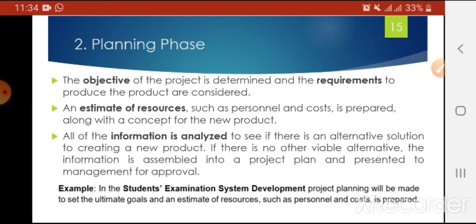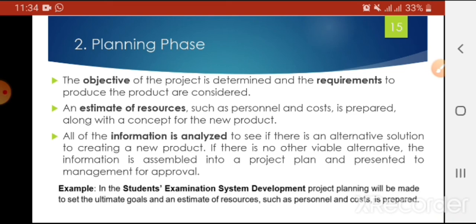It means that all the resources that are required for the particular system development are to be addressed in this planning phase. All of the information is analyzed to see if there is an alternate solution to create a new product. If there is no other viable alternative, the information is assembled into a project plan and presented to the management for approval.